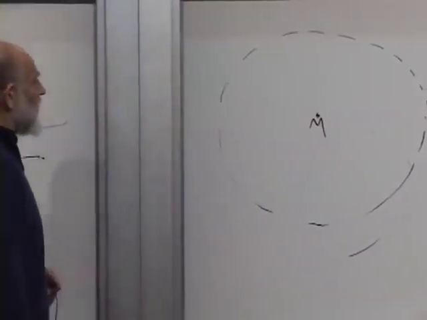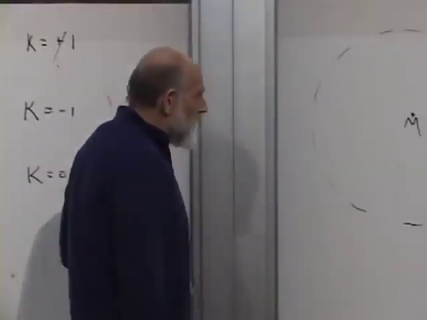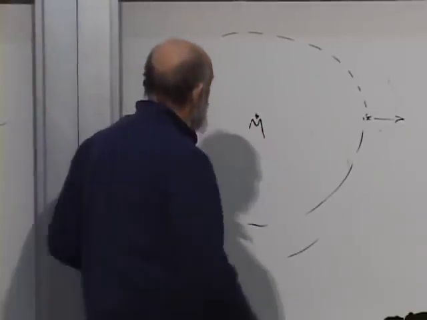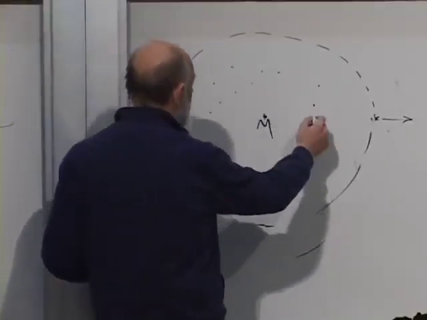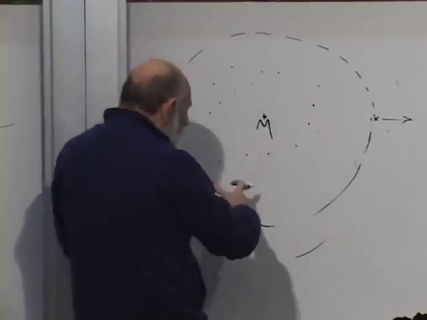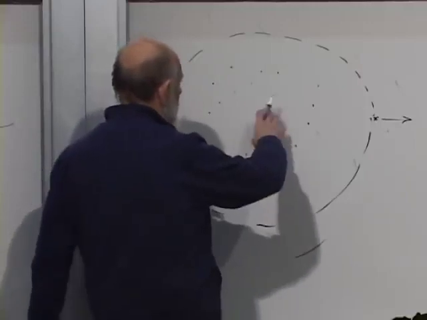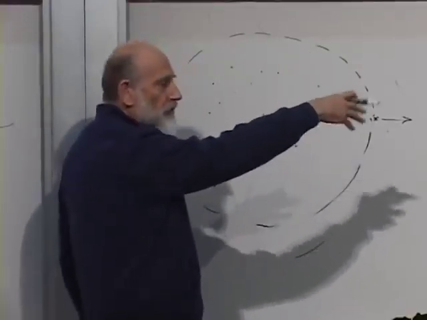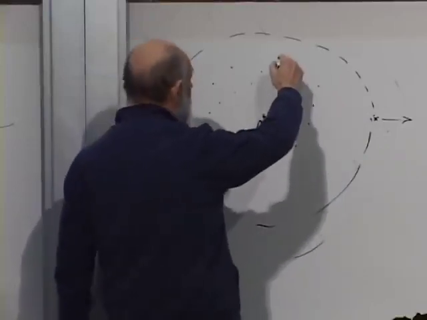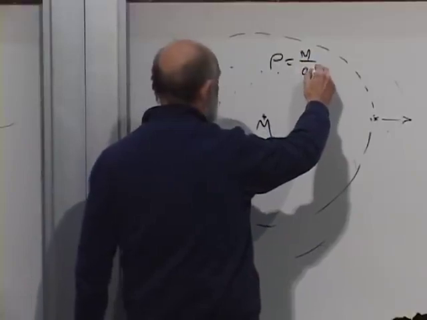Now, there were also other divisions. If we simply talked about ordinary non-relativistic matter, in other words, galaxies which were flowing with the flow, then we wrote things in terms of the energy density or the mass density, that the mass density rho went like the mass divided by a cubed.